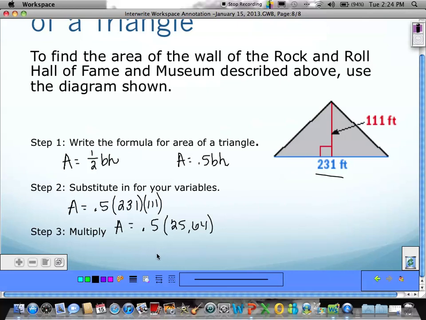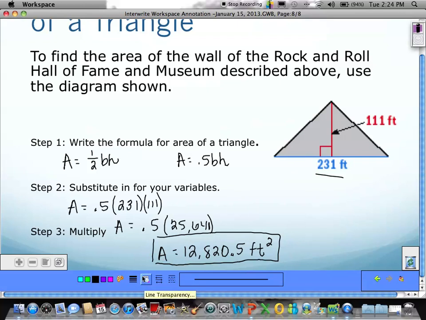So my final answer is the area equals 12,820.5 feet squared. And so that's going to be my answer. It's very important that you take your time when multiplying and that you remember all your different rules for multiplying different things. And that's supposed to be a 1 right there. Sorry.